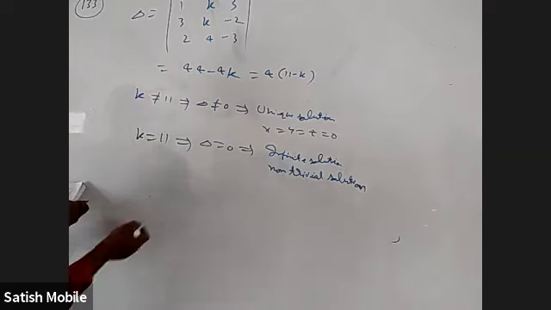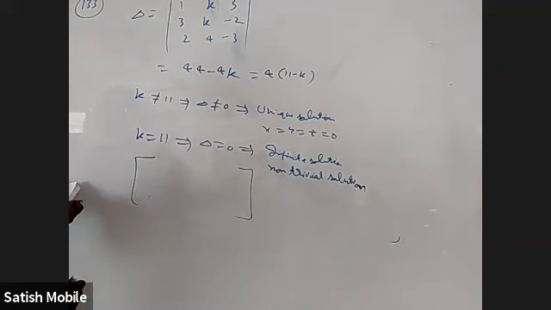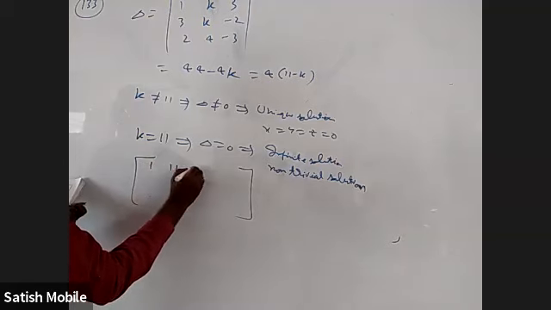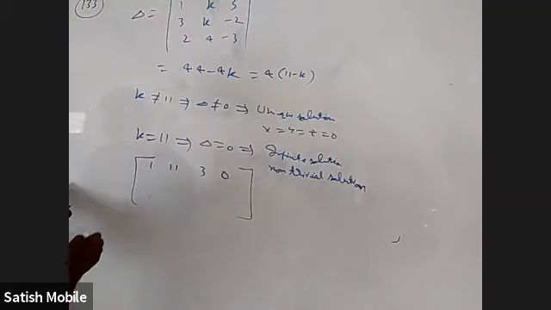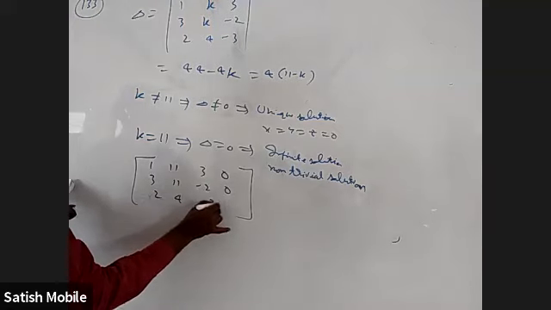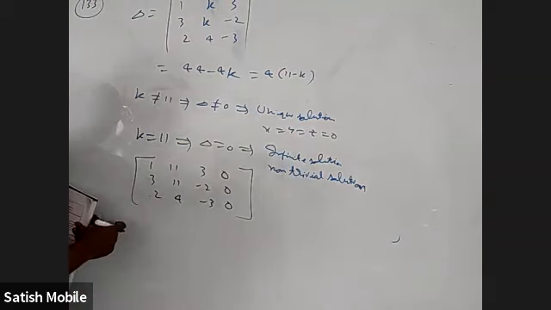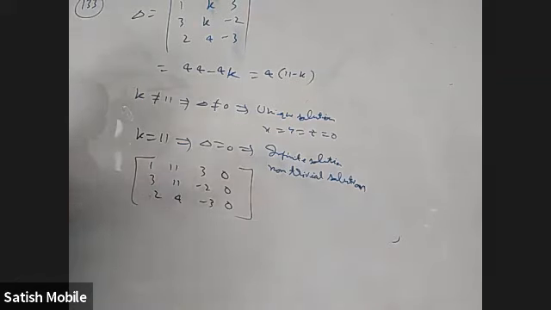I'll write the augmented matrix here: 1, 11, 3, 0; 3, 11, minus 2, 0; 2, 4, minus 3, 0. Already these are 0. Anyway, you can take z equal to k and find x and y in terms of k. Normally that is also okay, not an issue. I just want to go for the standard process of converting this, but if somebody wants to do otherwise, you can do it also.